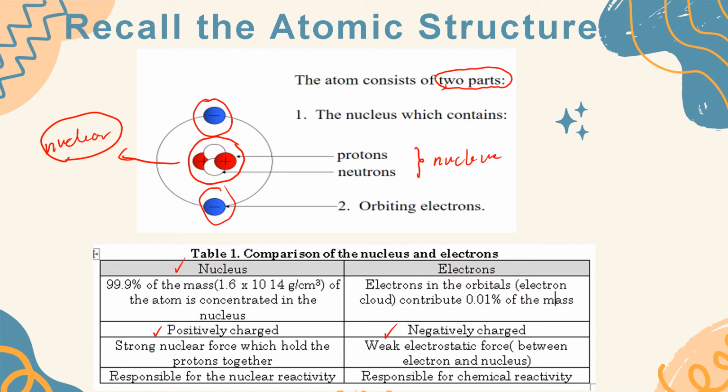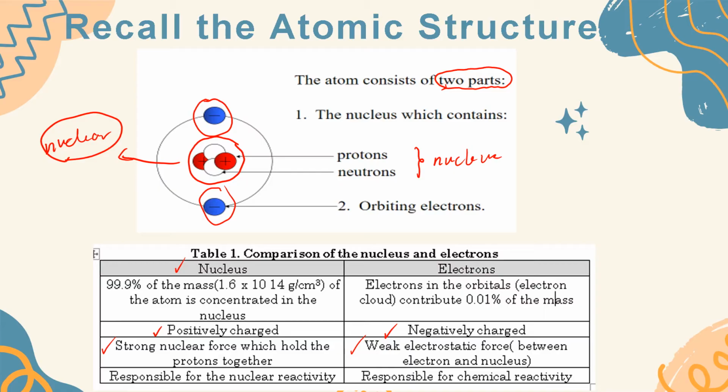The nucleus also has a strong nuclear force which holds the protons together. This strong force prevents the neutron and the proton from drifting apart. And the electrons have a weak electrostatic force between the electron and the nucleus. Ito yung parang dahilan din na hindi dumidikit ang electron sa mismong nucleus.